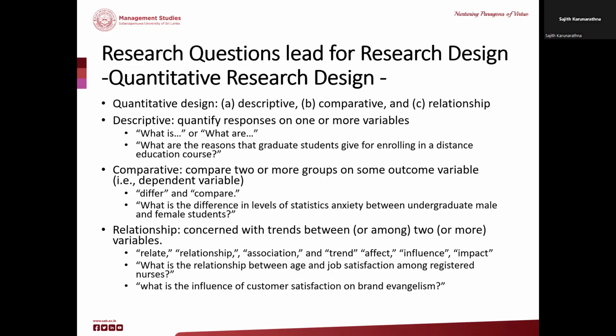If you can measure the statistics anxiety, then for the undergraduate male and female students you can see a difference by utilizing tests like the independent sample t-test, paired sample t-test, likewise. So that is comparative in nature. Here you are comparing two or more groups on some outcome variable.